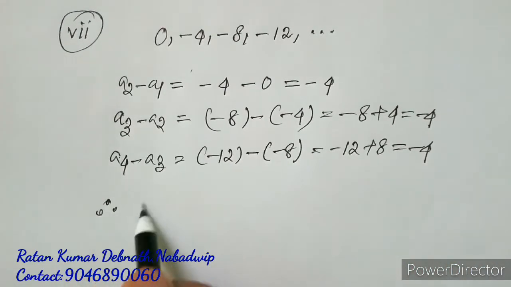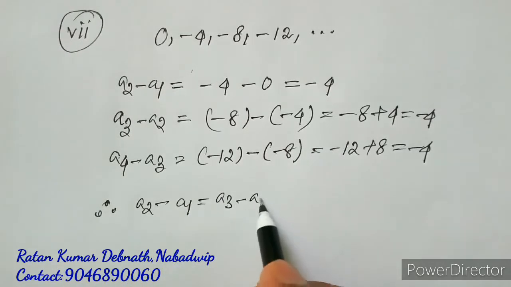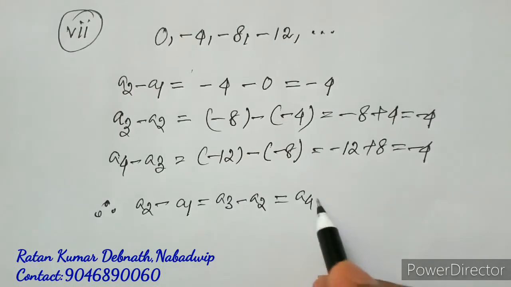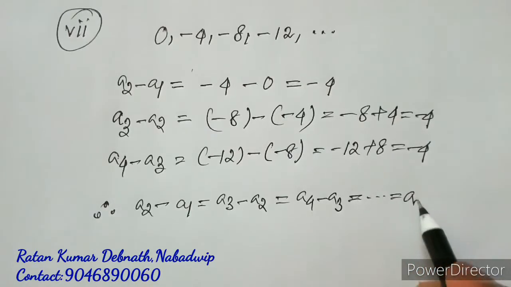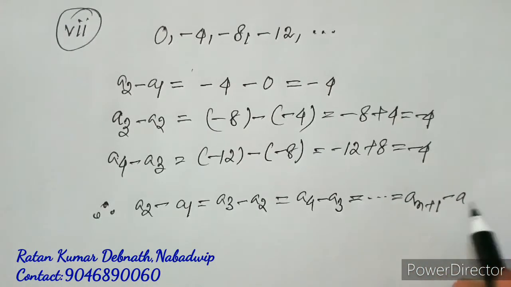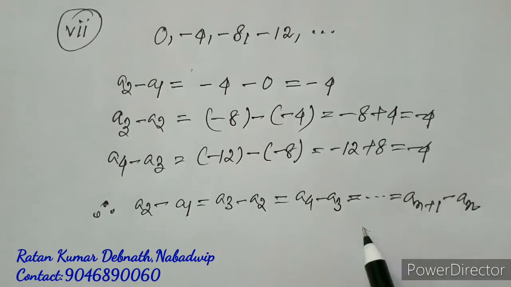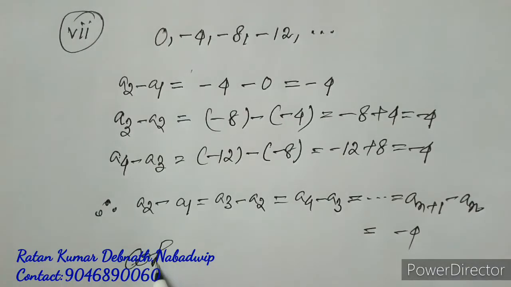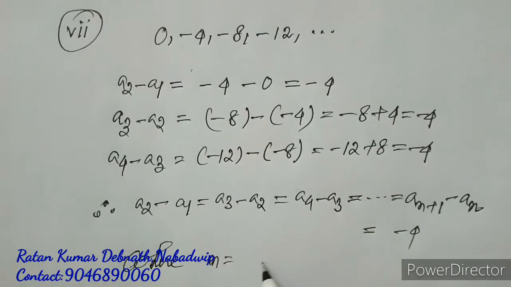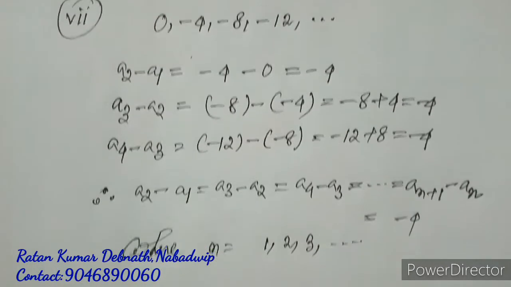Therefore, a2 minus a1 equal to a3 minus a2 equal to a4 minus a3 equal to dot dot dot an plus 1 minus an. Difference between n plus 1th term and nth term, in all the cases they are minus 4, where n equal to 1, 2, 3, etc., that is natural number.